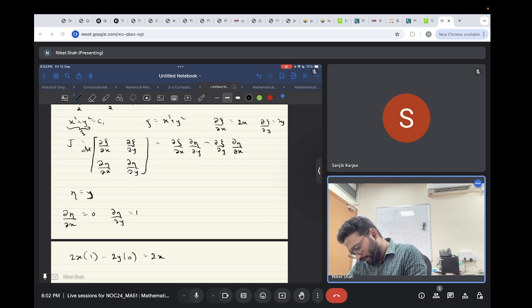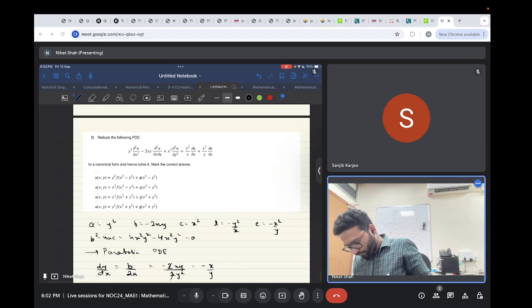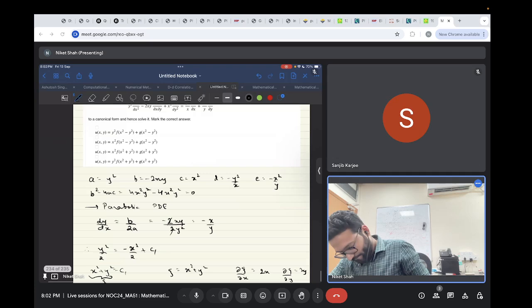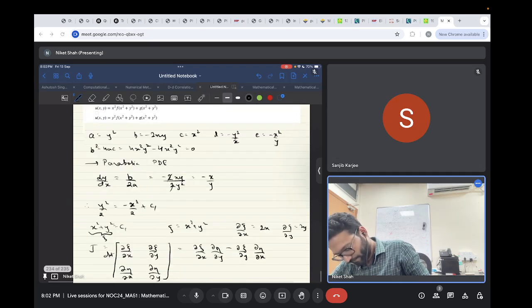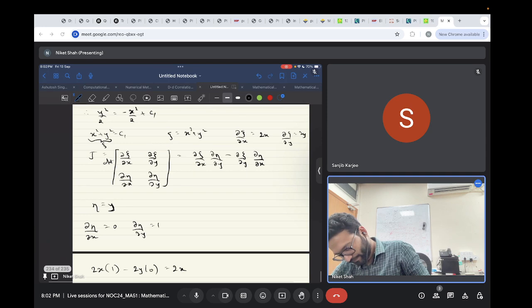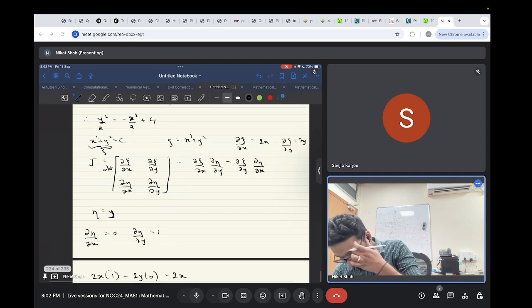This gives me 2x. Okay, so what I did here was I took zeta as x square plus y square, and eta I took as some random function, y.